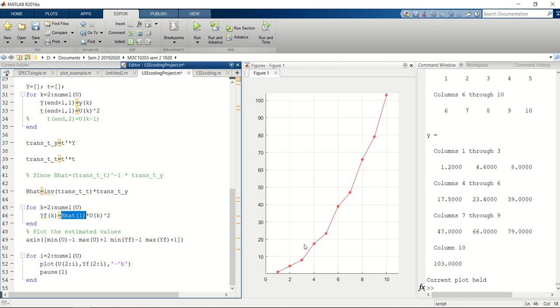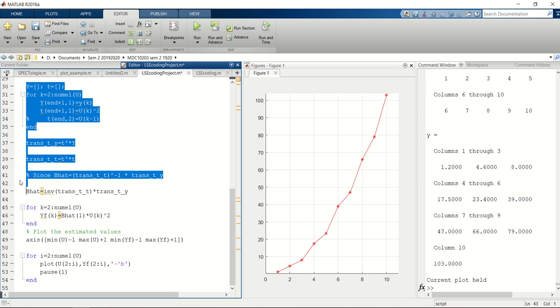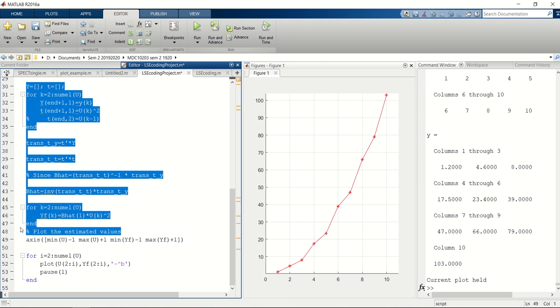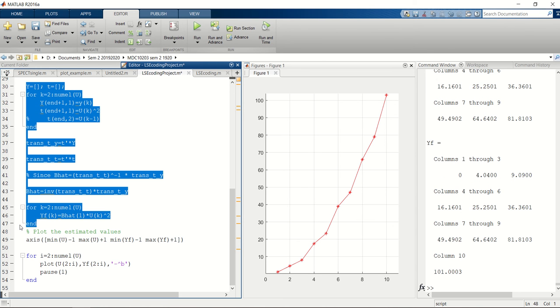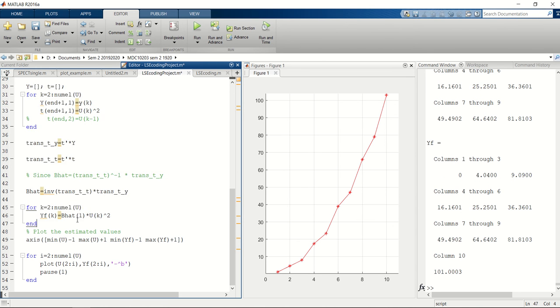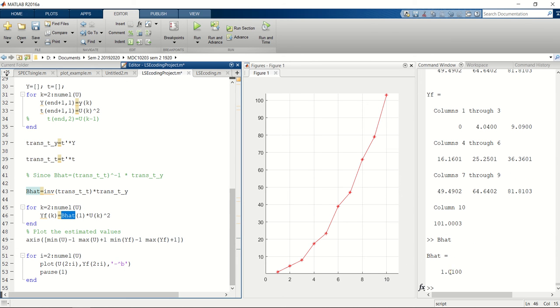Since I put the data as x squared only, m is expected to be around 1, okay? So if you run from here until here and we check the value of b hat, see, the value is around 1, okay?